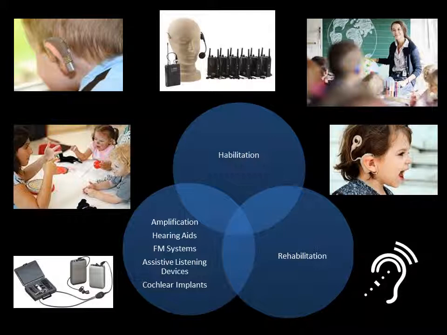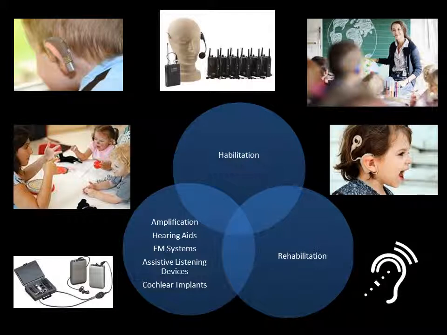The next device that we'll talk about is an FM system or an assisted listening device. And these are also amplification systems, and they use a broadcast signal similar to what you have with your radio. So it uses a frequency modulated wave, FM, just like an FM radio, to deliver the signal from a microphone to a receiver.